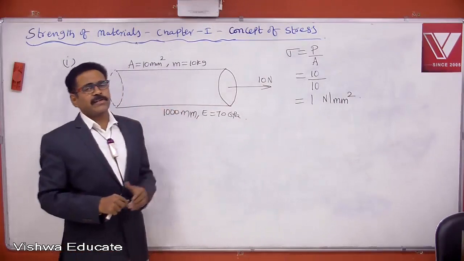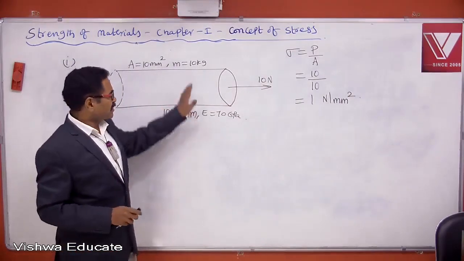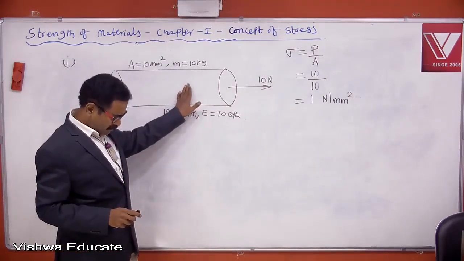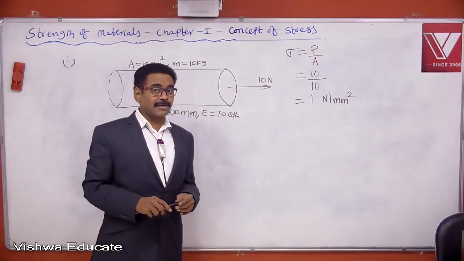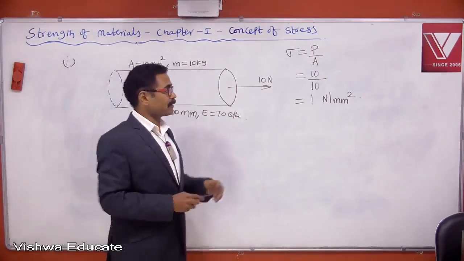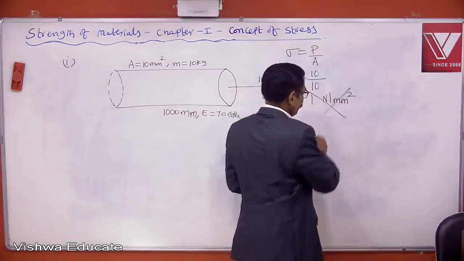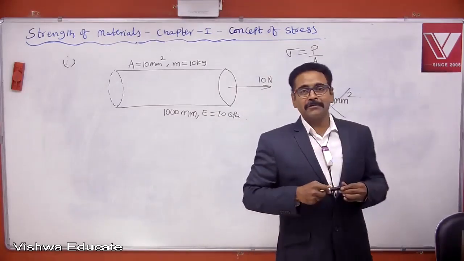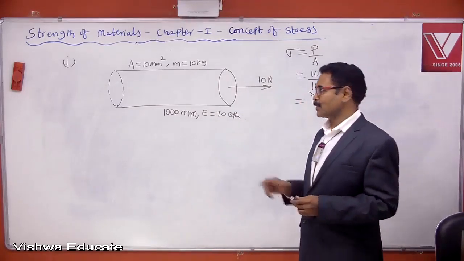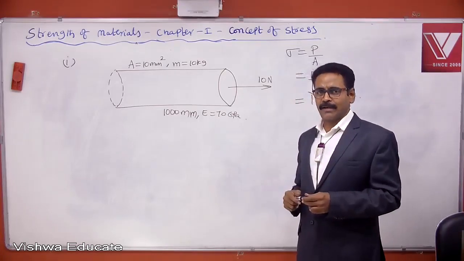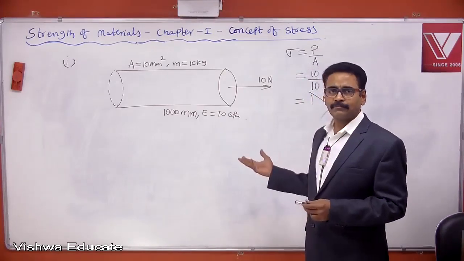But what is the actual stress in this bar? Will this bar carry any stress or not? Definitely this is wrong. Whatever I told in that interview was wrong. It is not 1 newton per millimeter square. Then how much?